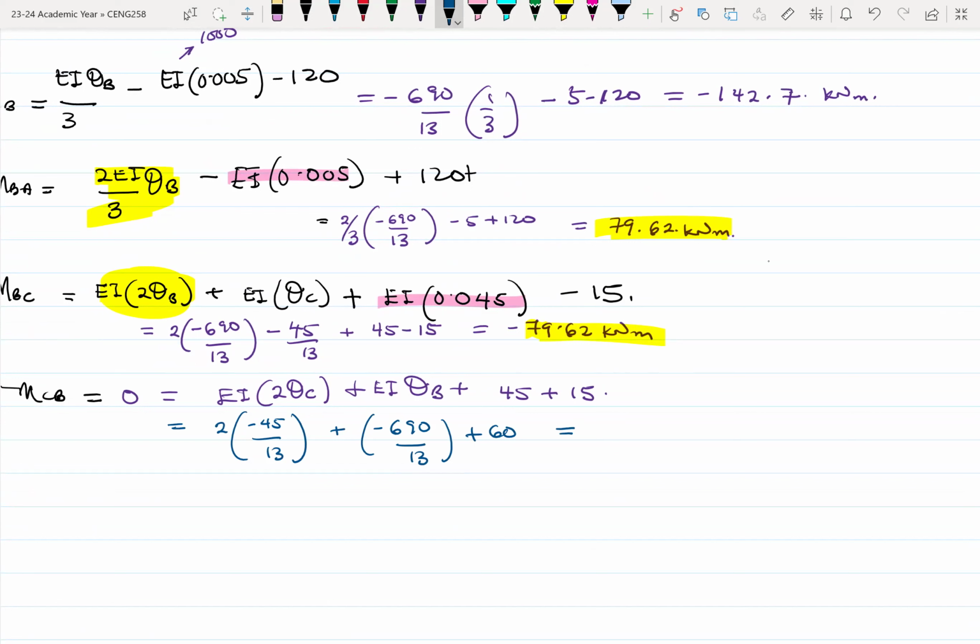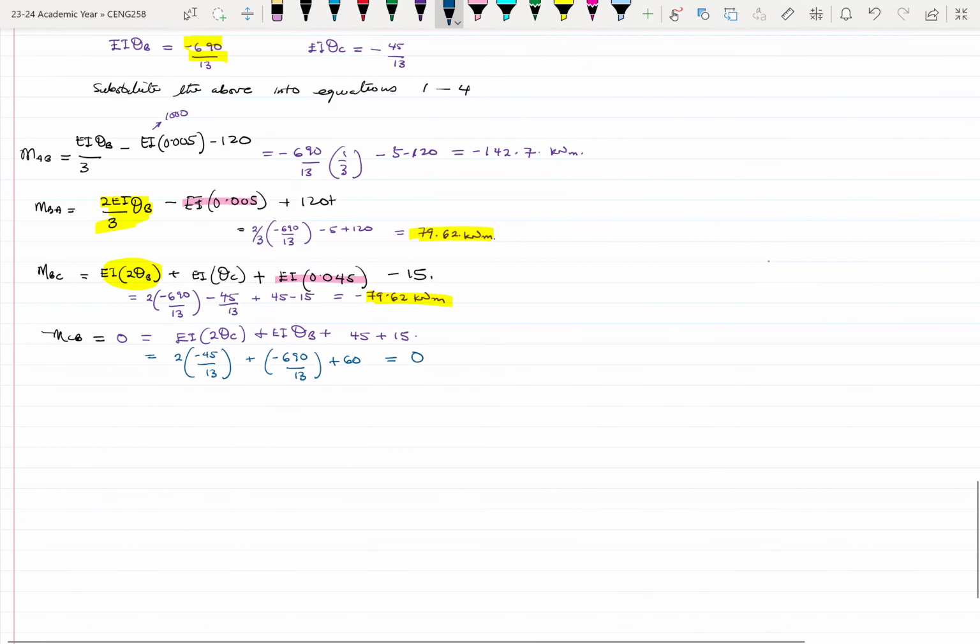Let's see if this is going to give us 0. It should anyways, but let's just confirm. If it doesn't, it means that whatever we're doing was not correct. So 60, and this gives us 0. Okay, so it means that our moments are correct.